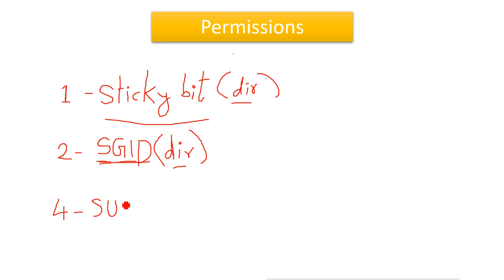We have seen SGID, that means group ID. This SUID is for the user ID, and it is like setting the user ID. We can do it on a directory also, but this is useful for executable files.